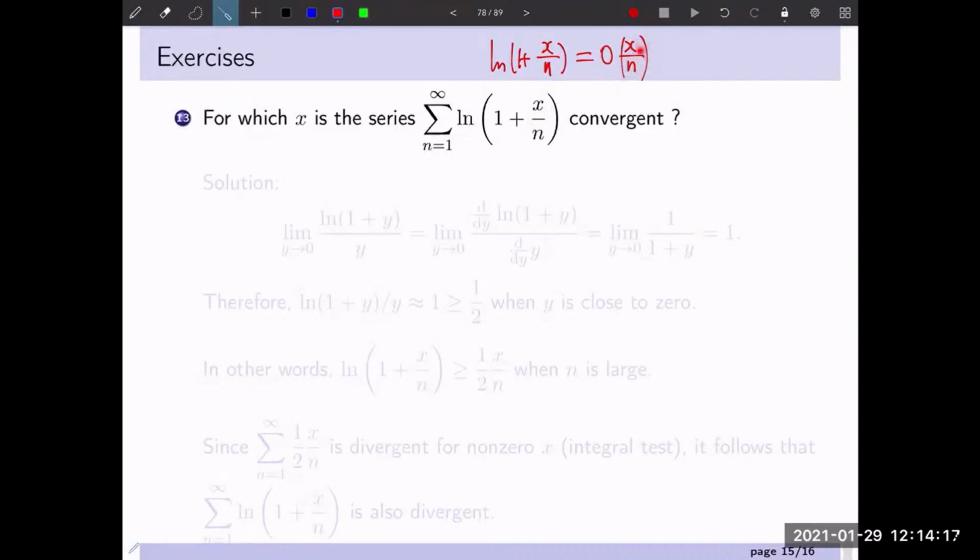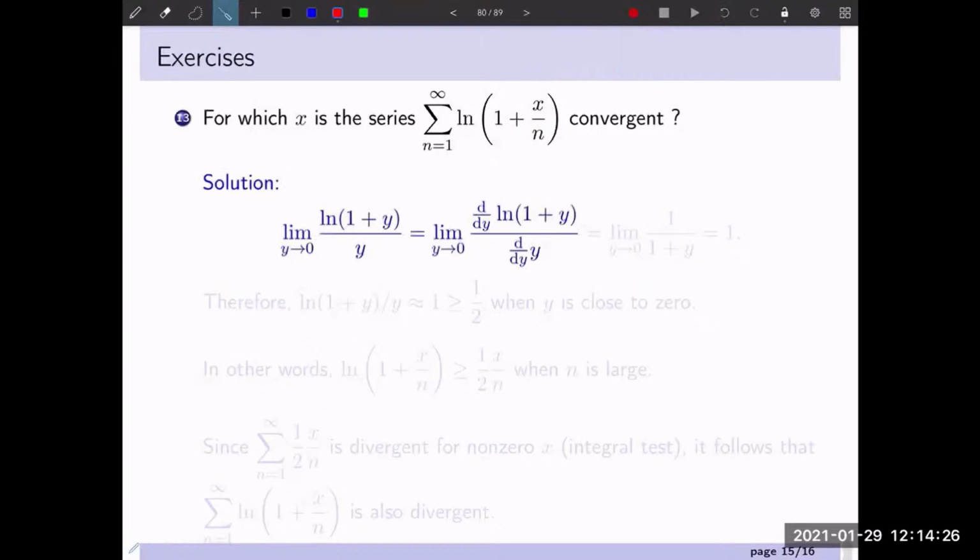For the right-hand series, it's easier to consider whether it is convergent. The method to derive this equivalence condition is this: you consider the limit when y tends to 0 by using L'Hopital's rule. You will find the limit is 1. This means that log(1 + something) is roughly equal to something.